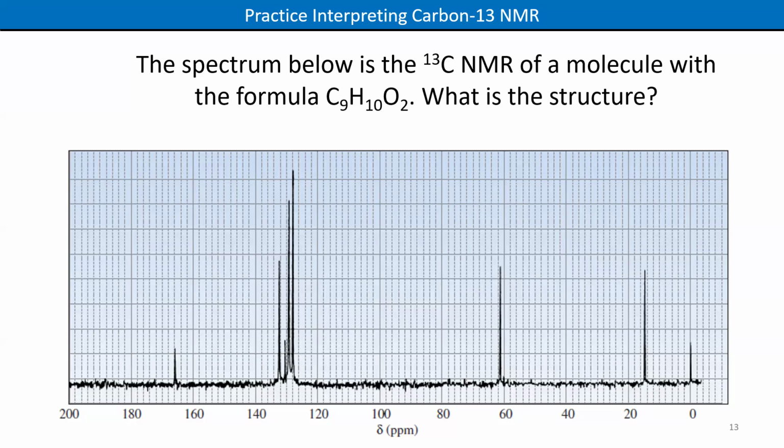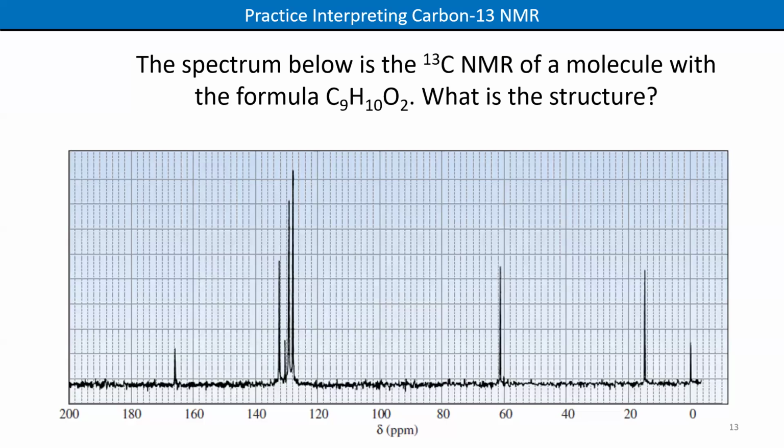And that means we should see a bunch of peaks between 100 and 150, which we do: 1, 2, 3, 4 peaks. So that means that all of our carbons are chemically distinct from each other on our benzene ring.